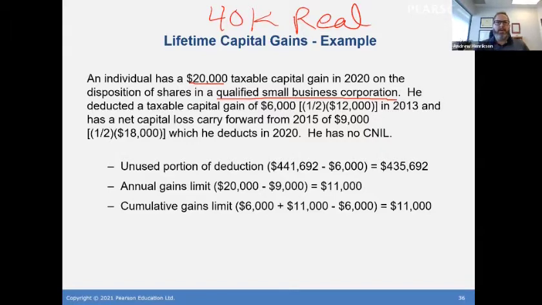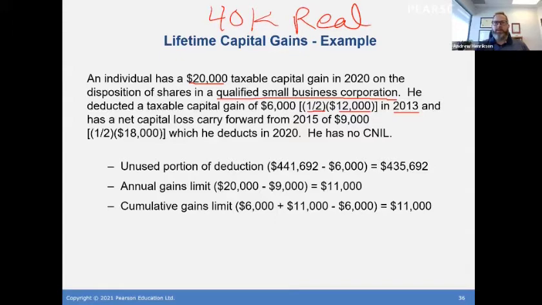So it says he deducted a taxable capital gain of $6,000, which related to 1/2 of 12. So again, he deducted a taxable capital gain way back in 2013. So what that means is that this taxpayer used some lifetime capital gains back in 2013.